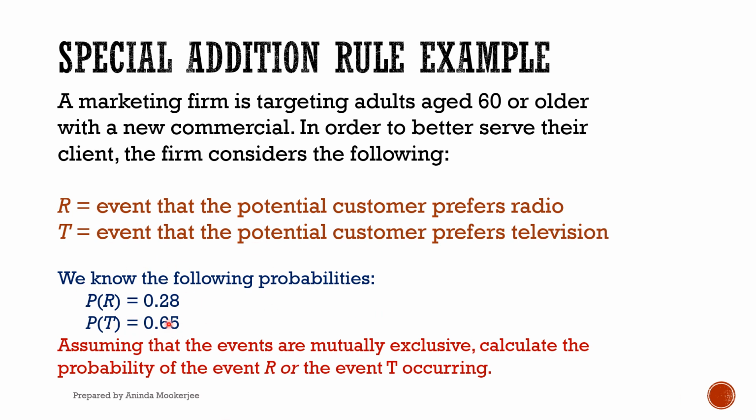So given these probabilities, it says event R or the event T. Let's go through some notation here.